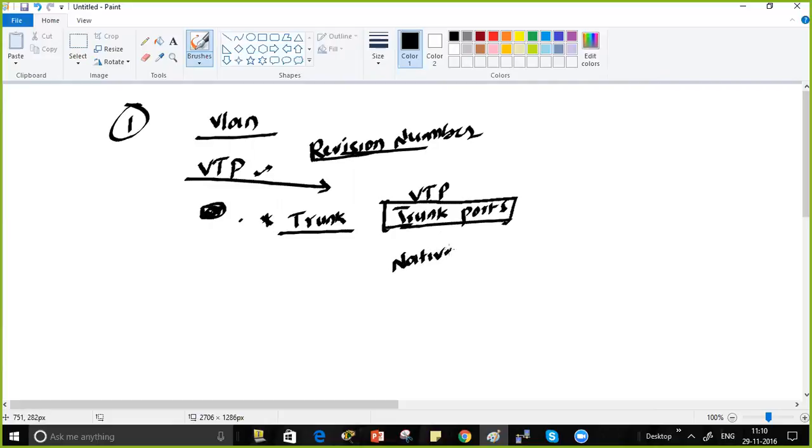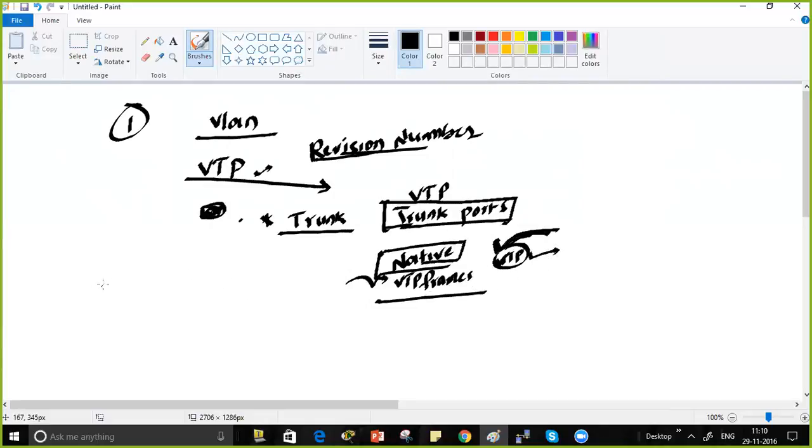The native VLAN doesn't contain any tags. Along with this native VLAN, it will send these VTP frames also. If you don't have a trunk port, it will not send this VLAN information, because we are sending multiple VLAN information. In VTP also we are sending multiple VLAN information. It must have a trunk port. That's why I did not configure first. After that I configured.